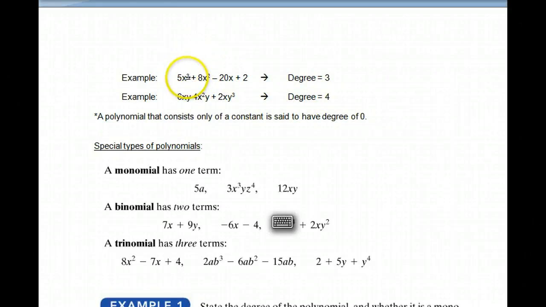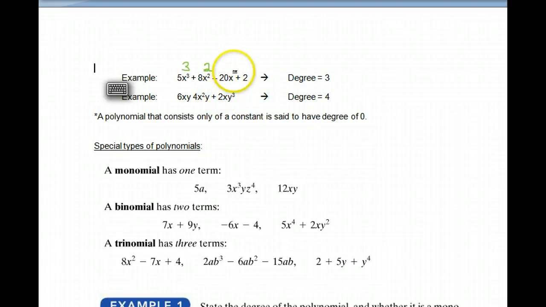So we have 5x cubed, that's our first term. Its degree is 3. The next term is 8x squared. Its exponent is a 2, so its degree is 2. The next term is negative 20x. That variable has a degree of 1.